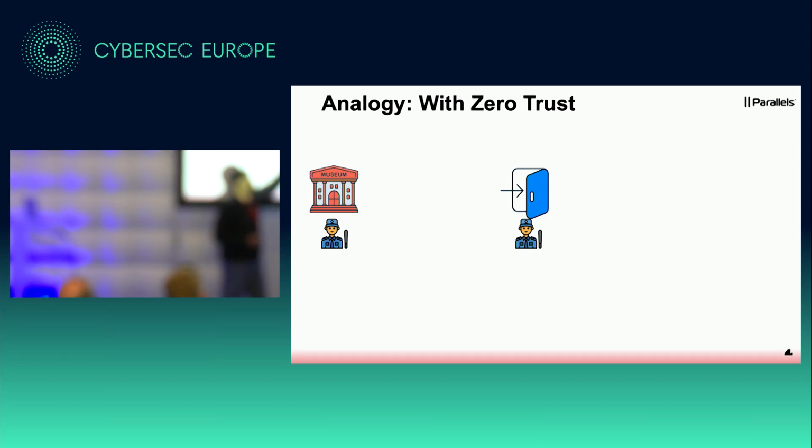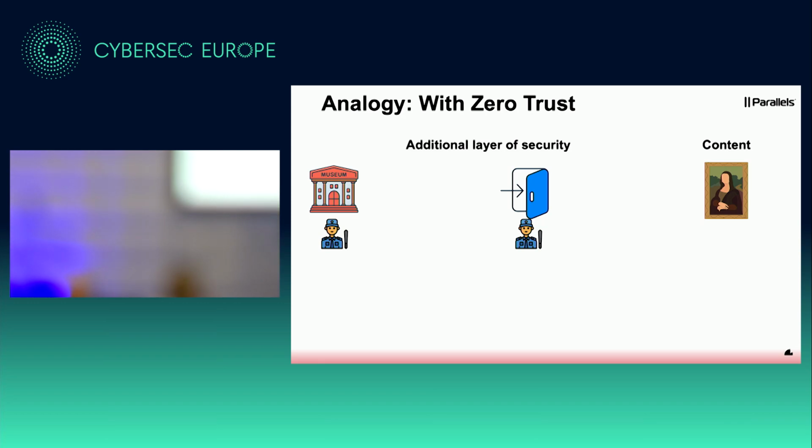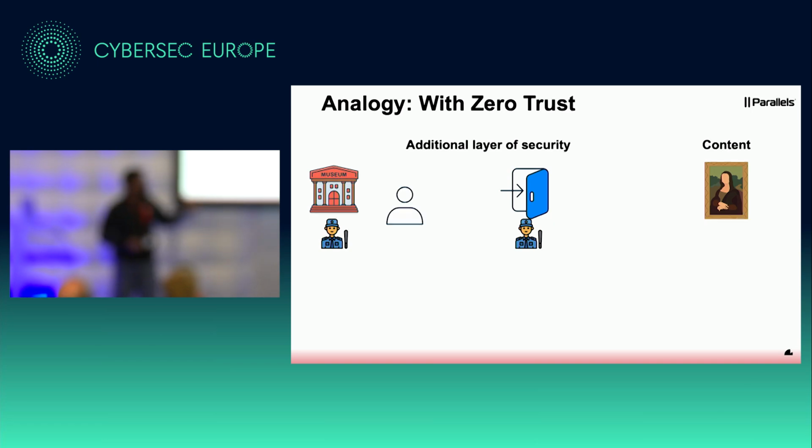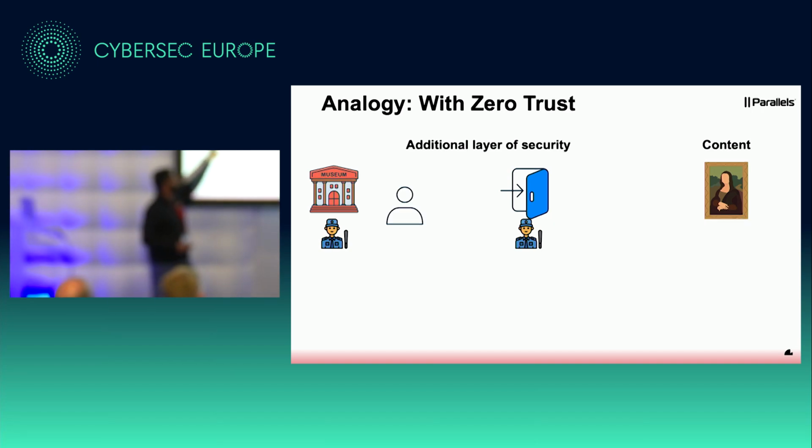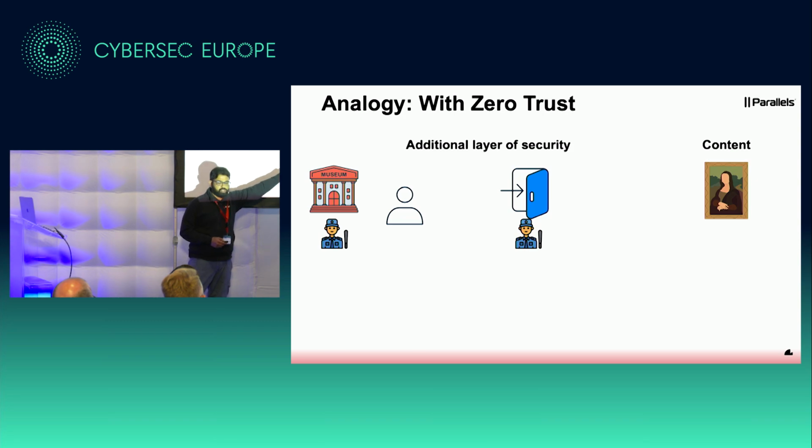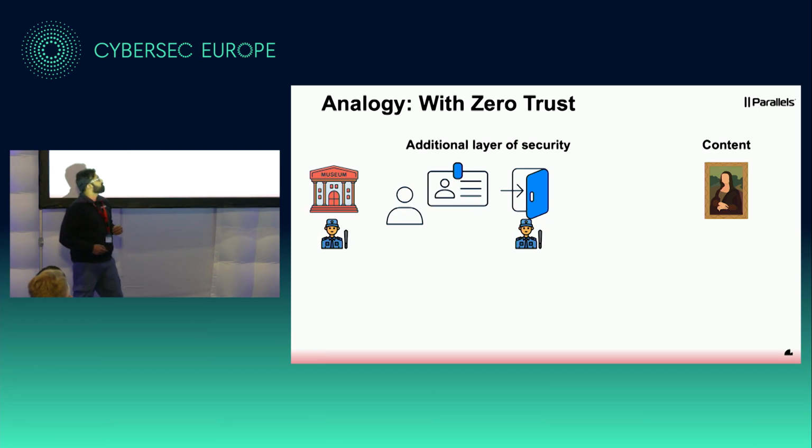With Zero Trust, you get an extra layer of security because you have some monuments which are sensitive and secure, which have to be protected. Let's say a person is an employee of the museum who can manage those resources. Even if they want to access those resources, there's an extra security layer here.